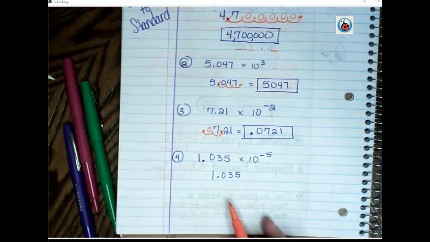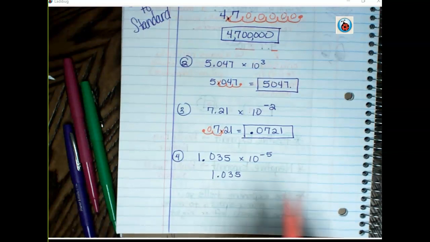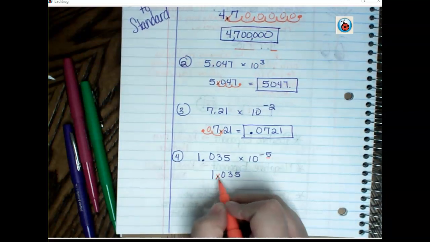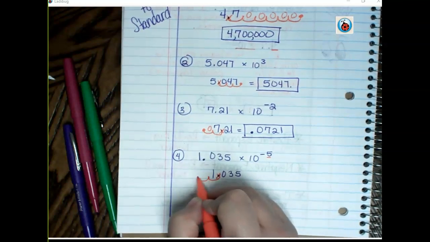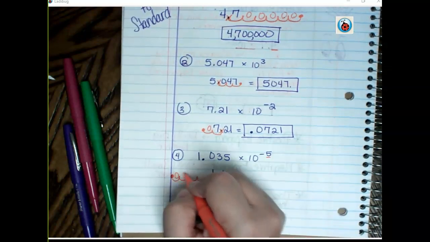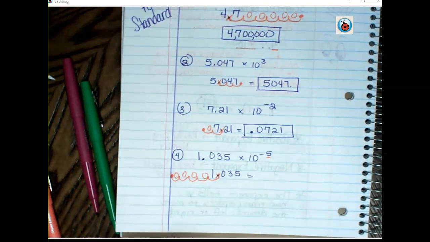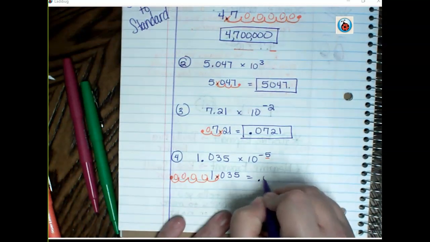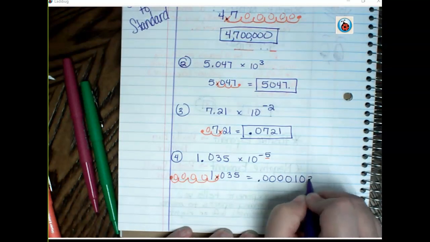How many spaces am I going to move this decimal? How do you know it's 5? Yes, because the exponent is a 5. So it's no longer here. Do I need to move it left or right? Correct. 1, 2, 3, 4, 5. Fill in my zeros. Final answer: 0.00001035.